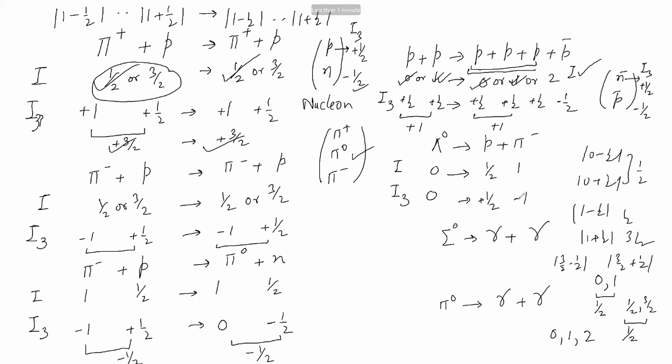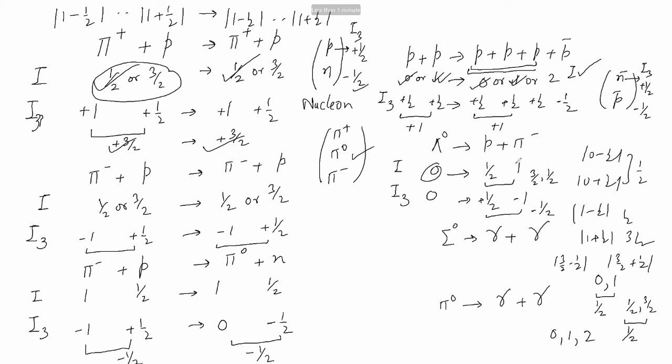Now you notice that the right hand side will give me either 3 by 2 or half, 1 minus half or 1 plus half, and this will give us minus half. We have 0 on the left hand side, half or 3 by 2 on the right hand side, 0 on the left hand side, and minus 1 by 2 on the right hand side.